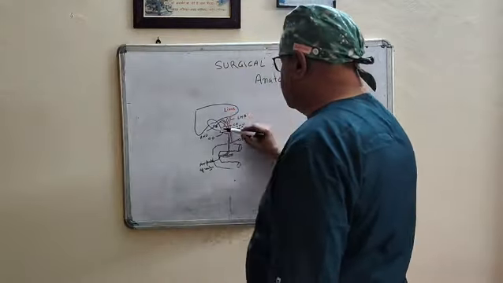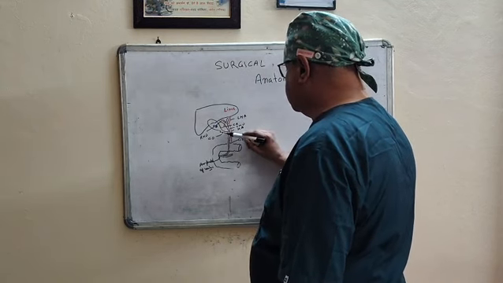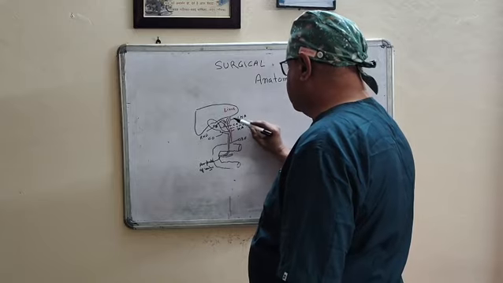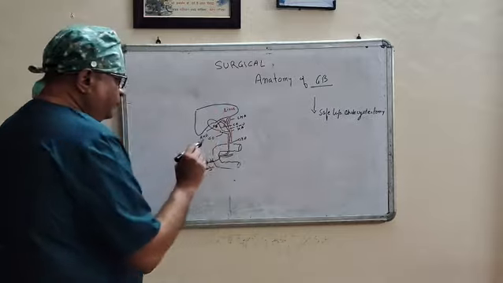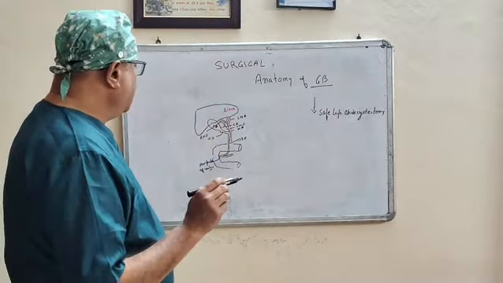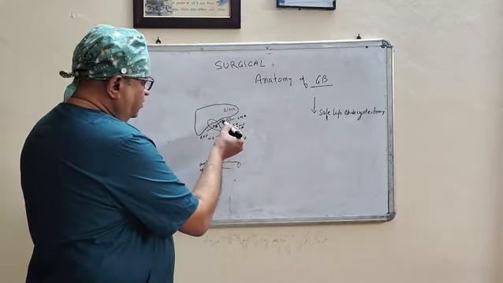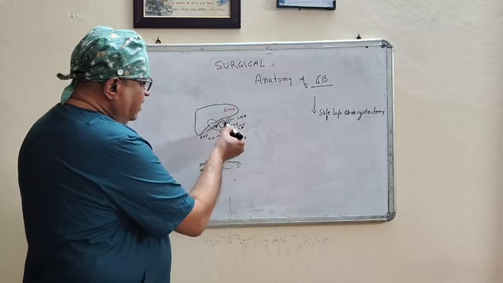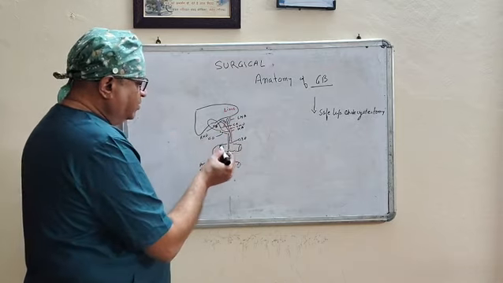This is the liver, gallbladder, common hepatic duct, common bile duct, cystic duct, right hepatic duct, left hepatic duct. The gallbladder is a pear-shaped organ located on the inferior surface of the liver, and there are two ducts, the right hepatic duct and left hepatic duct, which join together to form the common hepatic duct.